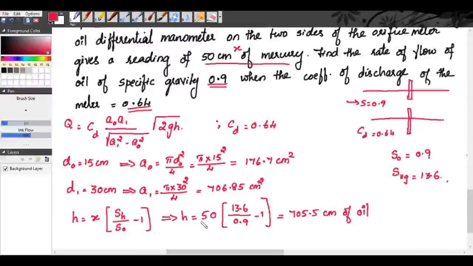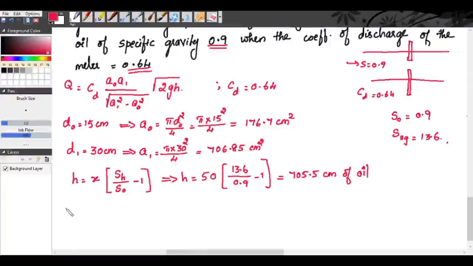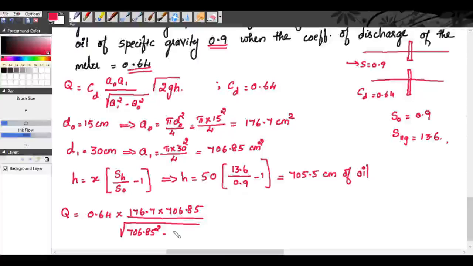Now we will substitute all these values in our Q. So Q is equal to CD is 0.64 multiplied by AO A1. AO is 176.7 multiplied by A1 is 706.85 divided by square root of A1 square, that is 706.85 square minus 176.7 square, into square root of 2GH.